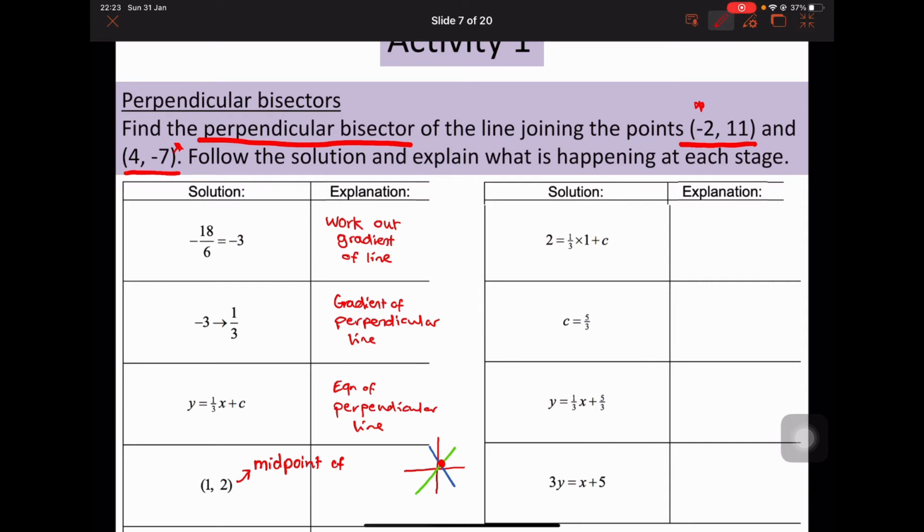Then we substitute 1, 2 into the equation of the perpendicular line.